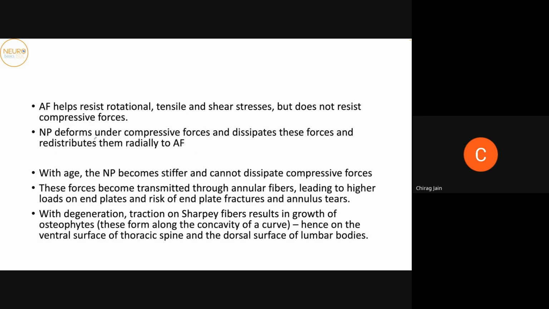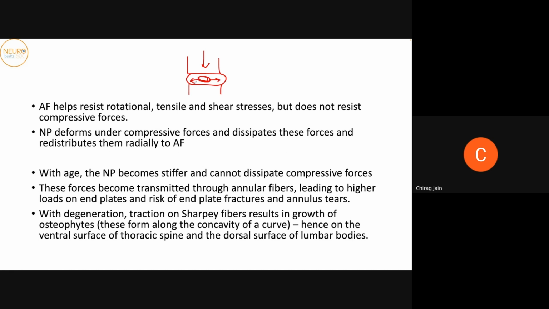So how a disc works is basically, if you have the vertebral bodies and we have the disc, this will be the annulus fibrosus, and here in the center will be the nucleus pulposus. Whenever you have compressive forces, the compressive force will predominantly act only on the nucleus pulposus. The nucleus pulposus is going to deform under these compressive forces and redistribute these radially to the annulus fibrosus.